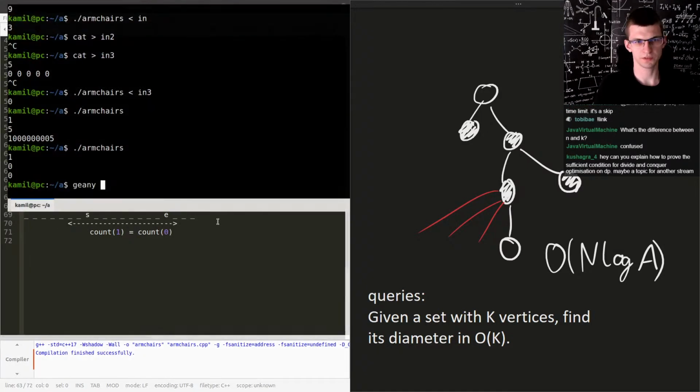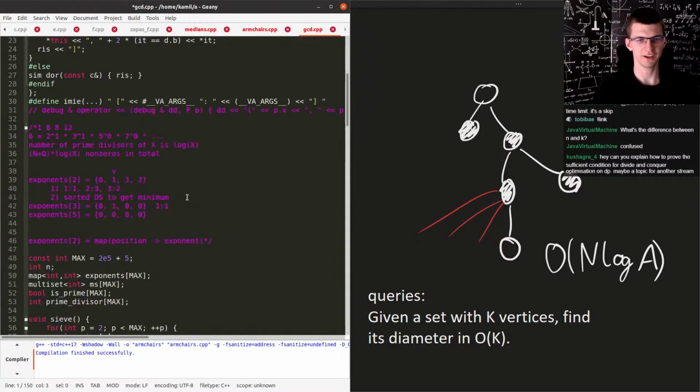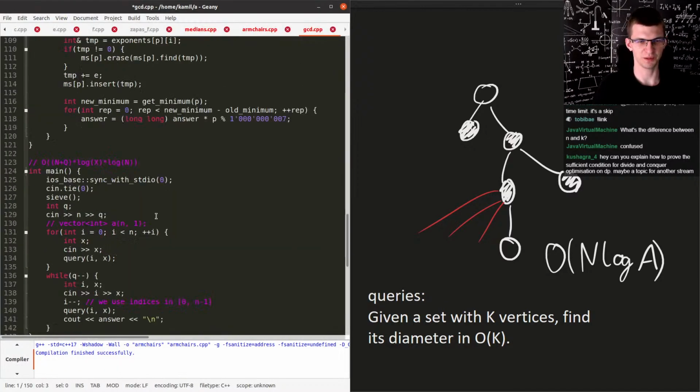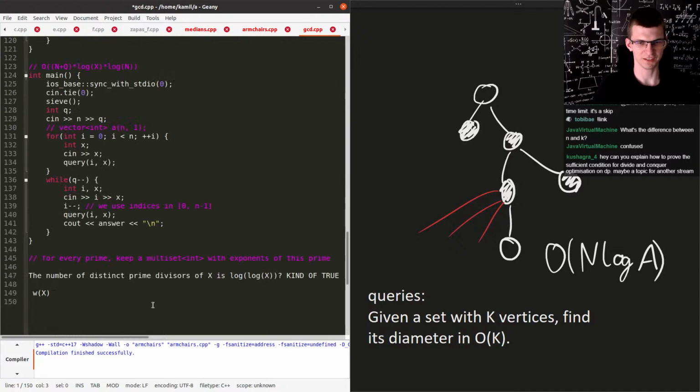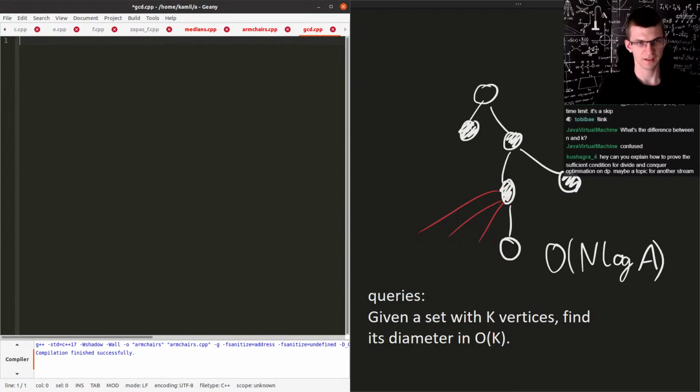This problem is GCD counting. I already have a GCD problem, a long one. But let's start from scratch.